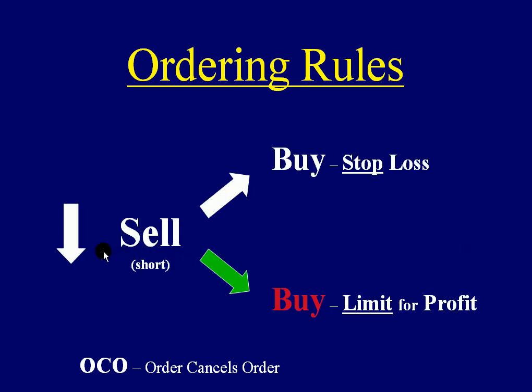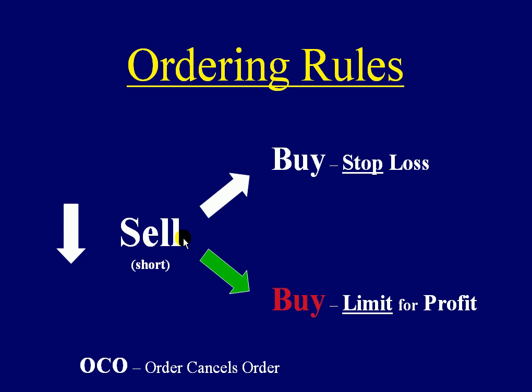Likewise, if you have a sell order in the market or a short order in the market, you should have an OCO, order cancels order, with 2 working orders. One a buy stop loss, which means if price moves against you, then it buys back at a specific level to protect you, which is called a stop loss.